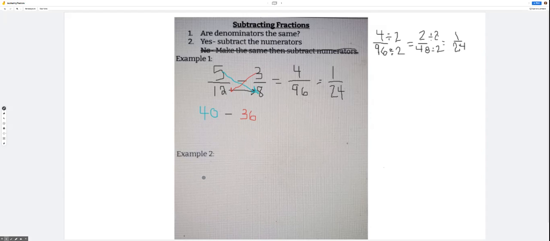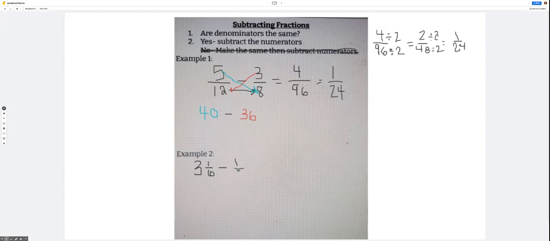For our second example, we are going to have a mixed number and we're going to subtract a normal fraction. So we're going to say 3 and 1/6 minus 1/7.